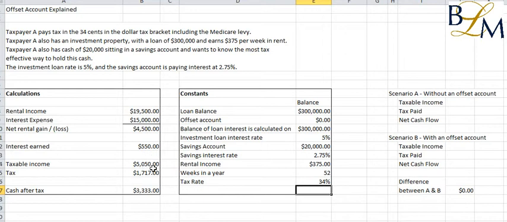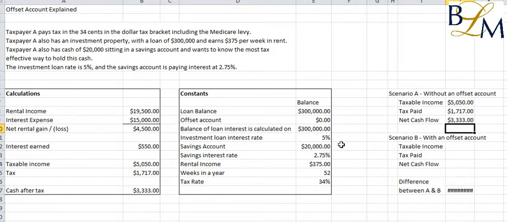They will pay tax on that at 34 cents, which is $1,717, giving us a net after-tax cash flow of $3,333. So scenario A, without an offset account, has taxable income of $5,050. They pay tax of $1,717. So therefore, their net after-tax cash flow is $3,333.